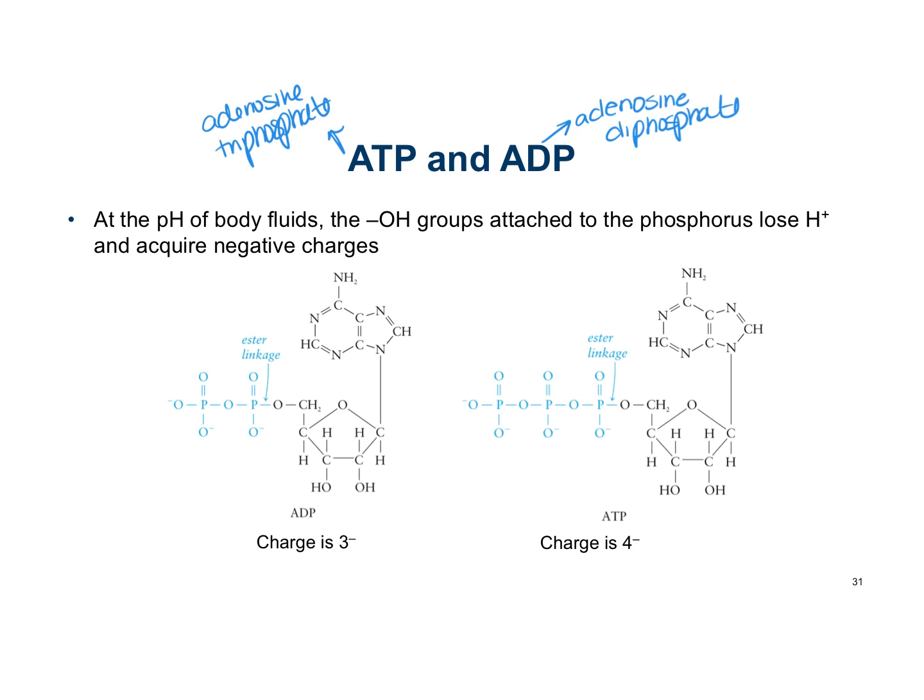So just for now, note that they've got ester linkages and the presence of the di and the triphosphate groups. And note again that at the pH that the body has, these are charged. So the charge for ADP is -3, the charge for ATP is -4.